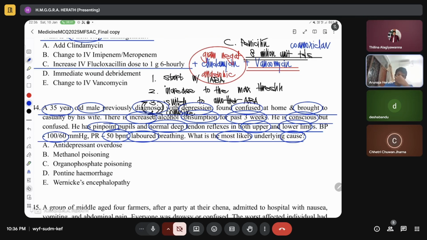But there doesn't say about him. So what does it increase? Heart rate. And then bradycardia is also there, no? And then why do you get labored breathing?